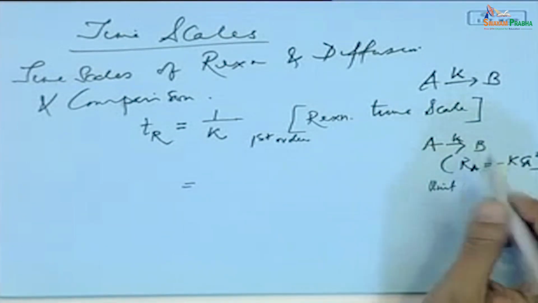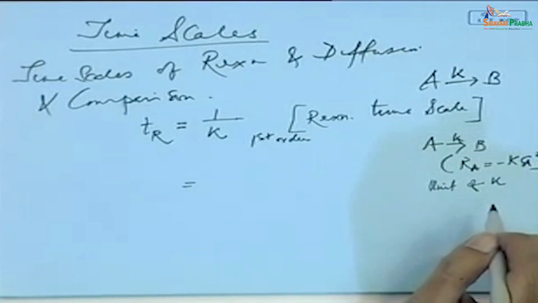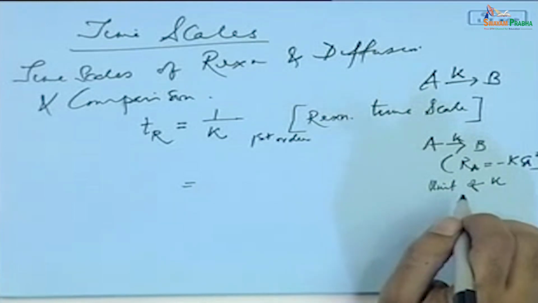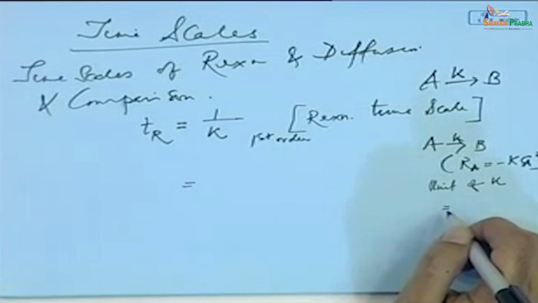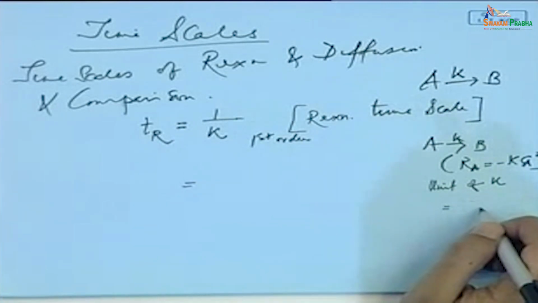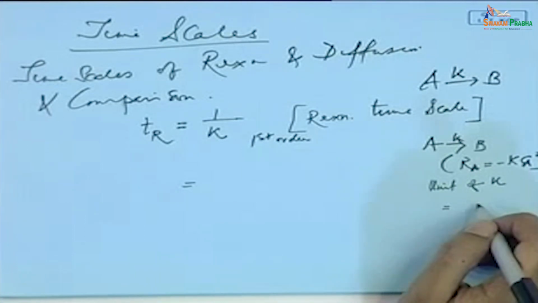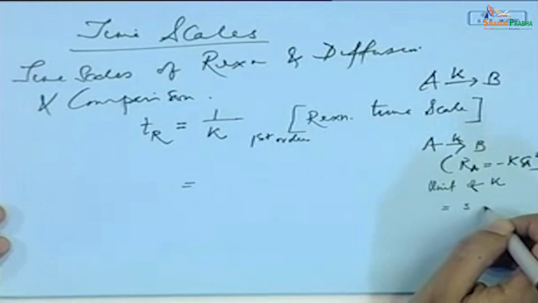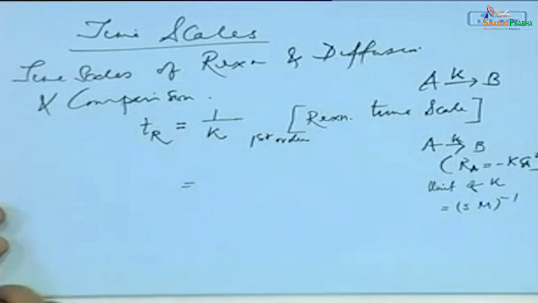You have to always look at it this way, once you figure out what the unit is. So, the unit of k is second inverse times molar inverse, right.